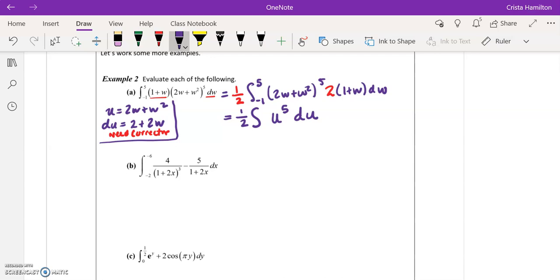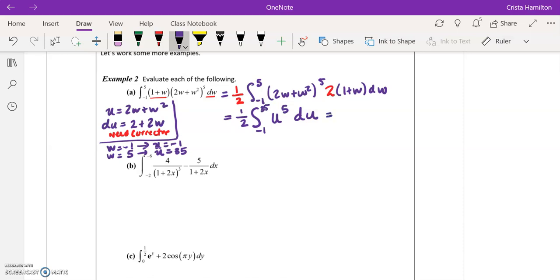So now I'm going to come over here, and I'm going to calculate when w is negative 1, and I'll leave the arithmetic up to you, but u is going to end up being negative 1 also. When w is equal to 5, then the u ends up being 35. So I will leave the arithmetic to you, but make sure you do that. We add that in, negative 1 to 35.